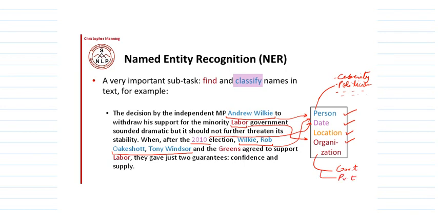So we can divide all these types of named entities into subcategories. Similarly, for location we can have city, state, country, village, etc., right? So this problem could be further enhanced by using fine-grained named entities.